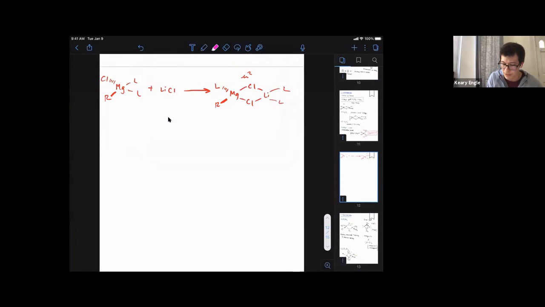So it's all about the anionic charge density here, right? So by having a more electropositive atom here, you're able to accumulate more negative charge density on the anionic and thus nucleophilic carbon center. So that is the origin of the enhanced reactivity that is observed in these so-called turbo Grignard reagents.